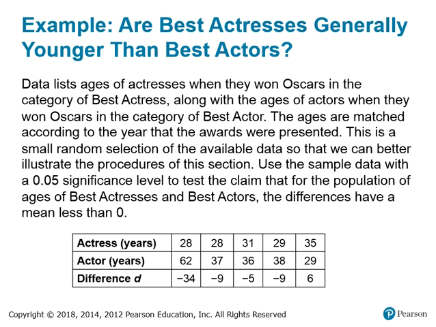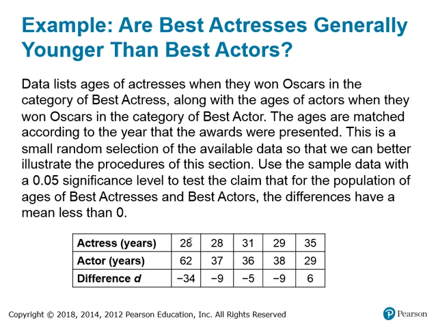So we're going to go ahead and work through this. We're going to start with our claim. Our claim is that actresses are generally younger than actors. So in symbols, now let's look back at our list real quick. We have actresses first and actors second.